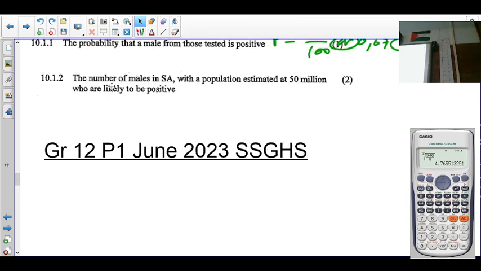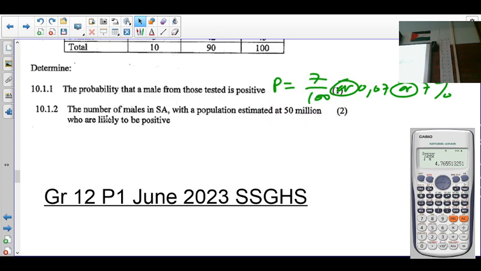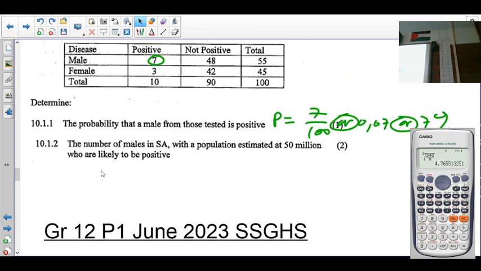The next question says: determine the number of males in South Africa, with a population estimated at 50 million, who are likely to be positive.